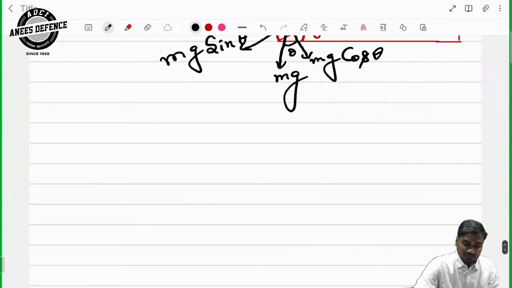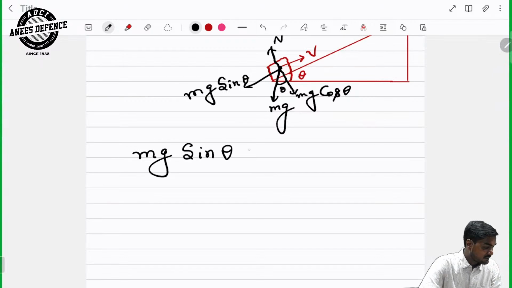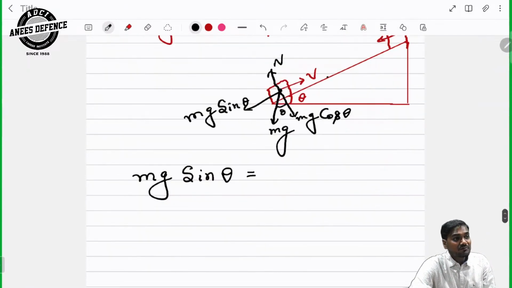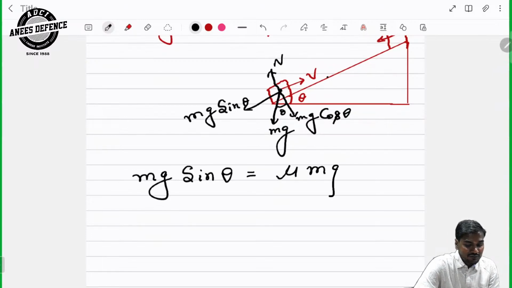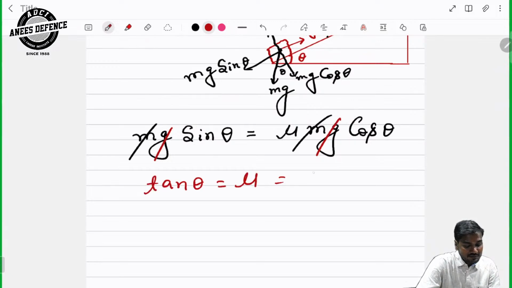So mg sin theta is equal to the friction force, which is nothing but mu mg cos theta, because friction is mu into N. Mass will cancel, g will also cancel, so sin theta by cos theta is equal to tan theta is equal to mu.